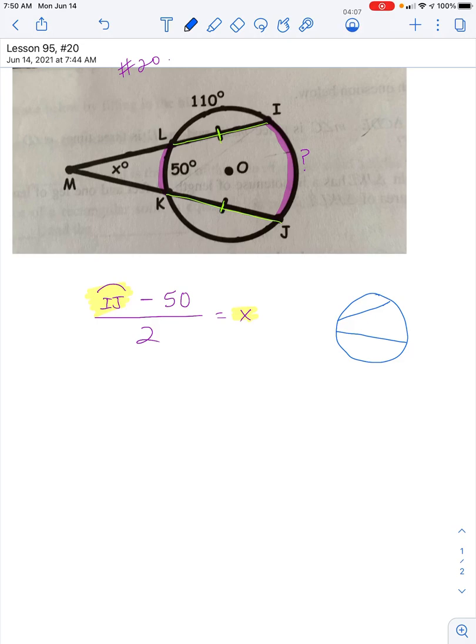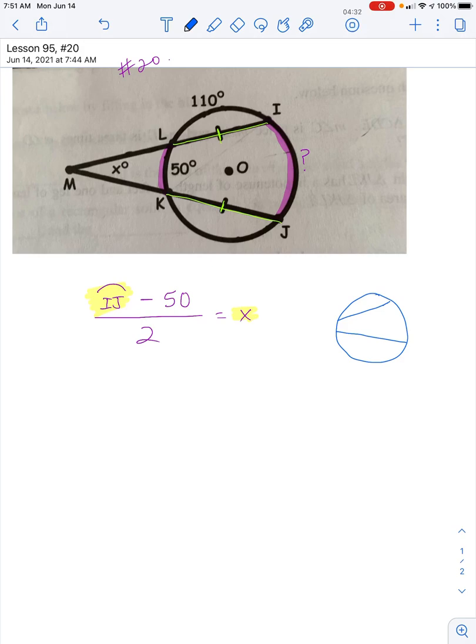Okay, but if I have two, like in the problem above, if I have two chords that are congruent, well then their arcs must also be congruent because they're cutting the circle in the exact same way. It stands to reason that if your chords are equal, then the arcs that they have intercepted are also going to be equal.